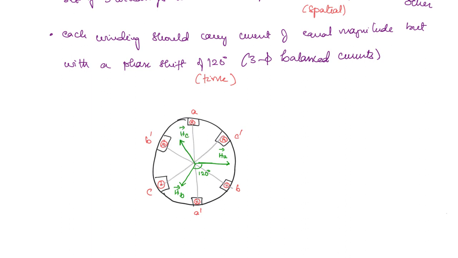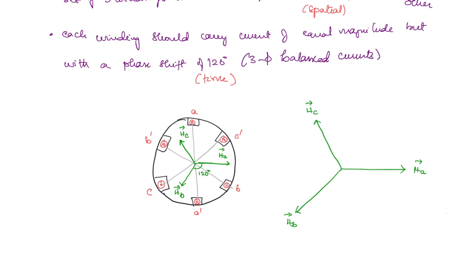So if you just redraw the magnetic field separately, then you're going to get this is HA bar, this is HB bar, and this is HC bar. So you can see that with respect to space, HA bar is in this direction, HB bar is in this direction, HC bar is in this direction.